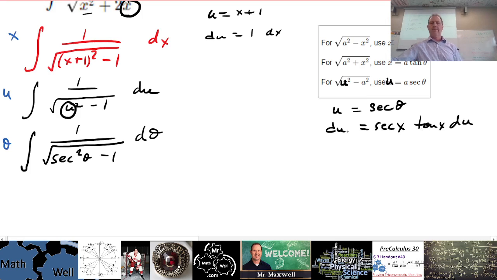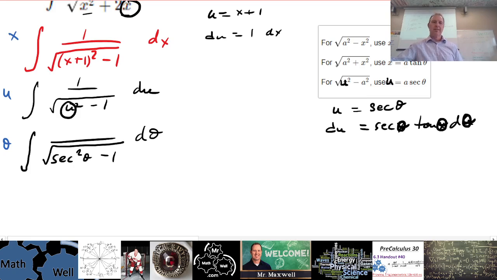Okay, so my du is going to have to be replaced by all of this. So not just as simple as making that d theta. This is theta, this is theta, this is theta.